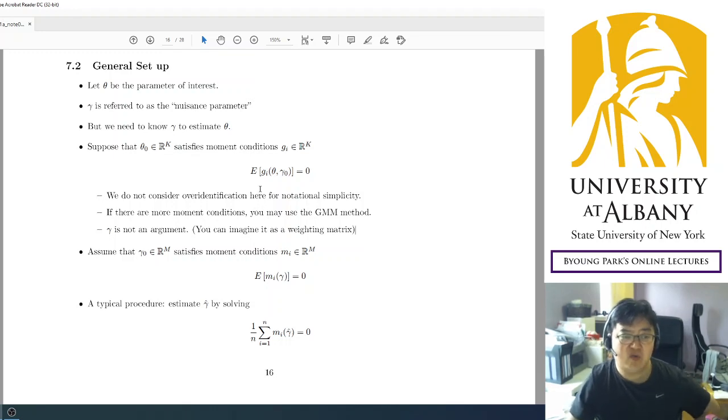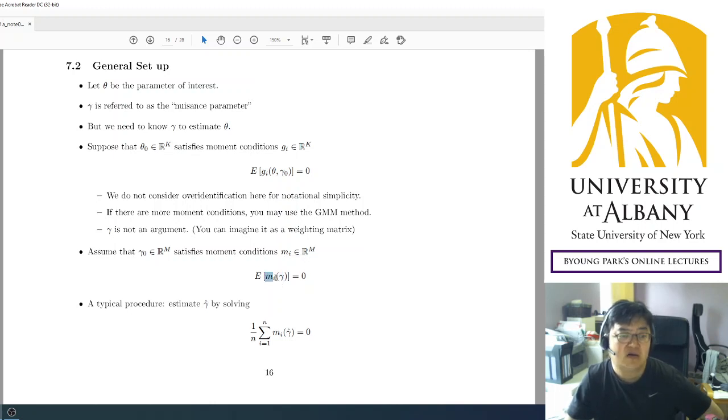Then how can we estimate gamma? There is an alternative moment function. Gamma can be estimated by another piece of information, another assumption, a moment condition like this. For example, think about the weighting matrix. Then it will be epsilon epsilon prime.